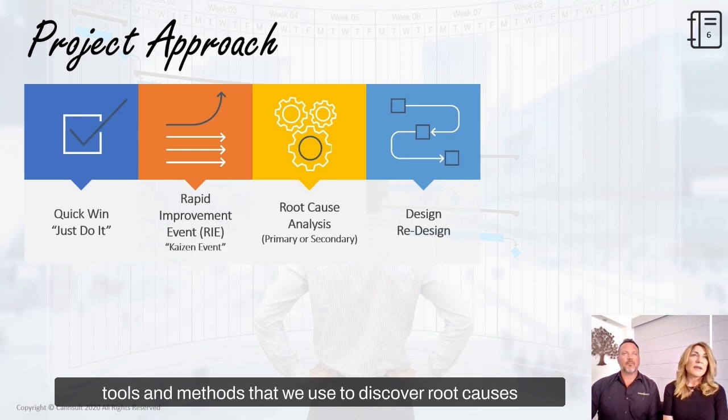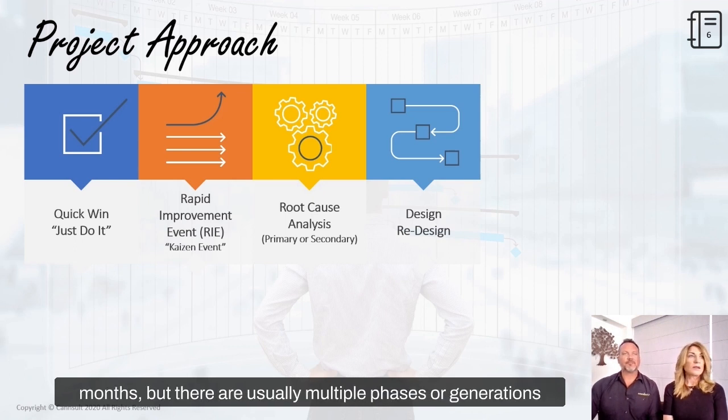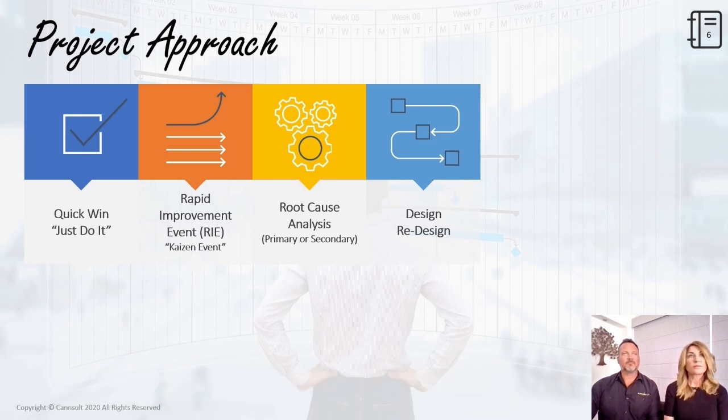So the tools and methods that we use to discover root causes of problems are not really very relevant. A redesign effort typically is a larger undertaking than a process improvement project. The general rule of thumb is 4 to 6 months, but there are usually multiple phases or generations of the redesign depending on the scope.